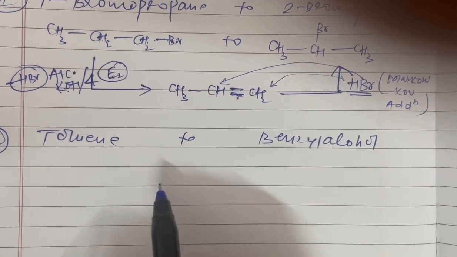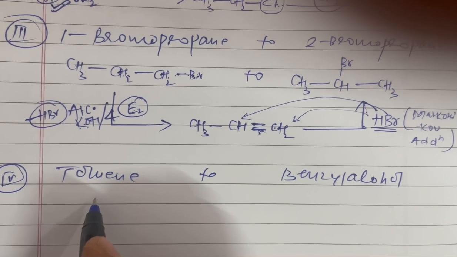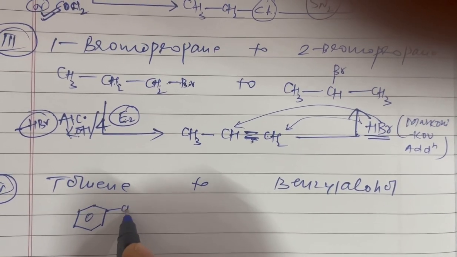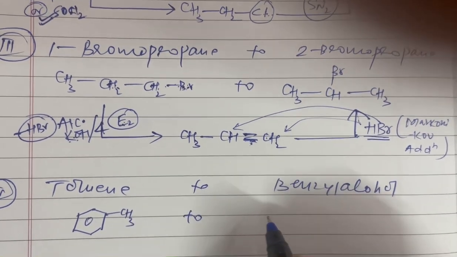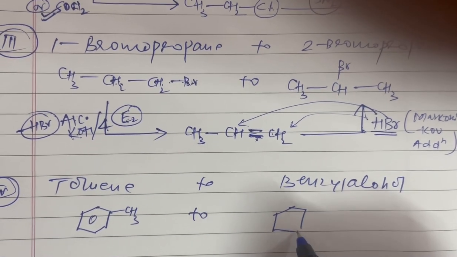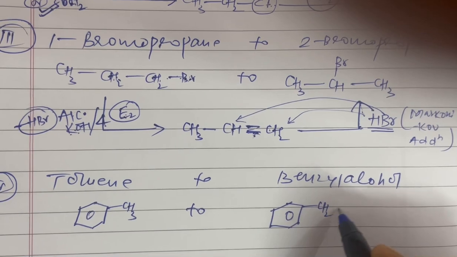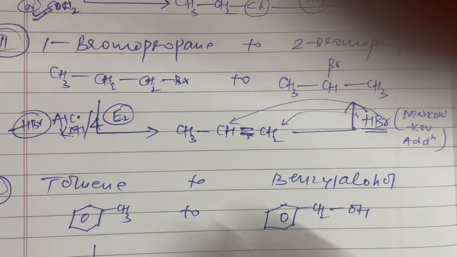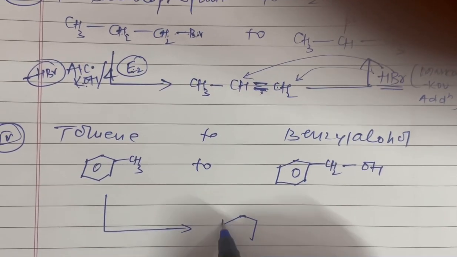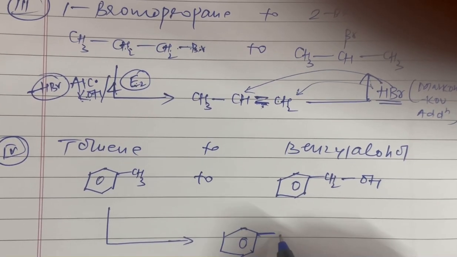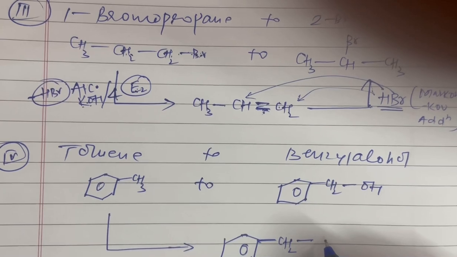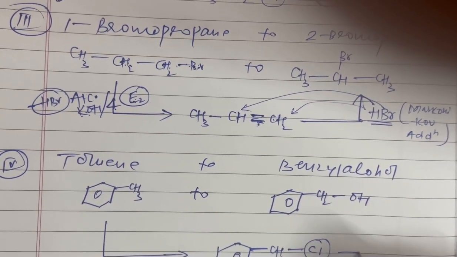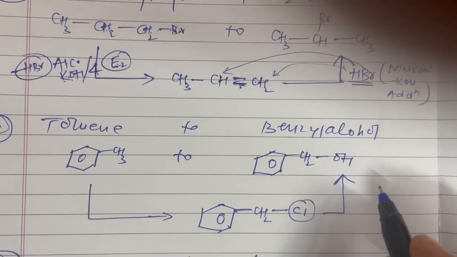Now we have the next question. Toluene: first draw the structure. So this is the toluene here. Second, they are asking for benzyl alcohol, CH2OH. If you convert this one into CH2Cl, then definitely the Cl will be replaced by OH by nucleophilic substitution.